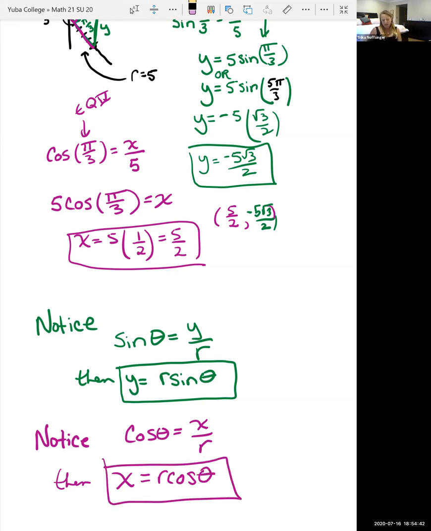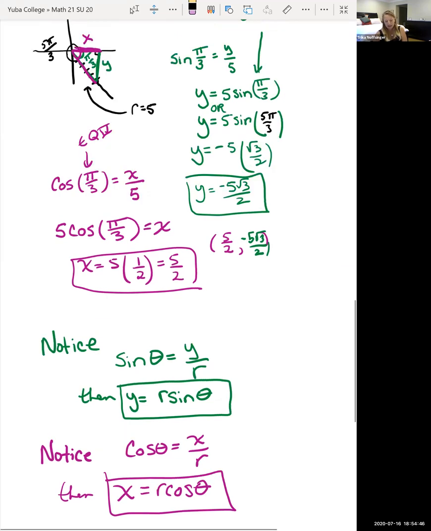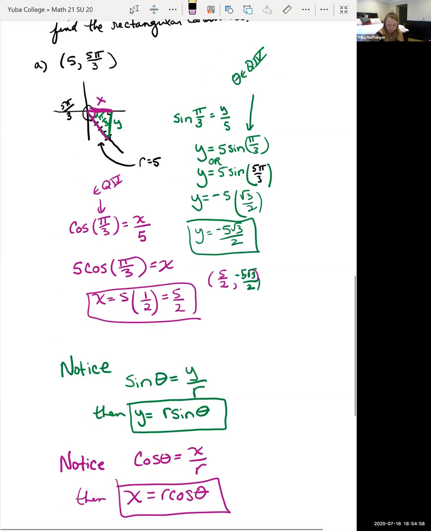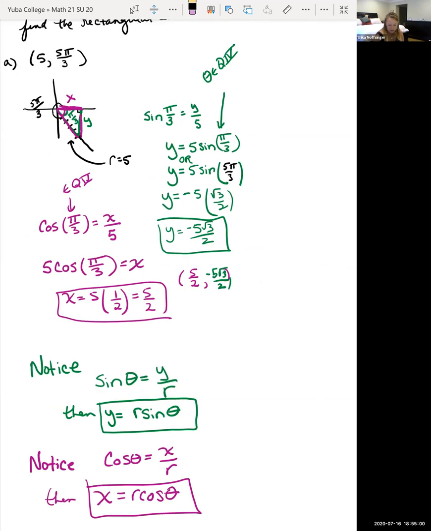To me, it makes more sense just to go through and plot it and make the triangle than just starting to plug in these numbers into a formula and not understanding what I'm getting. There's another thing that's also helpful. Let's think about this right here, tangent.